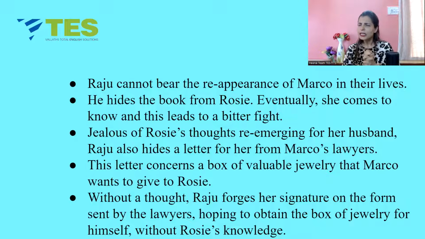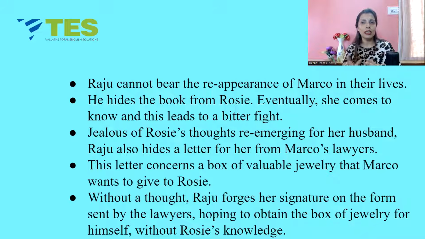Okay? After this, Raju gets jealous of Rosie's thoughts re-emerging for her husband, because of which he also hides a letter that has been sent to her from Marco's lawyers. This is a very important letter, and it concerns a box of valuable jewelry that Marco wants to give to Rosie.